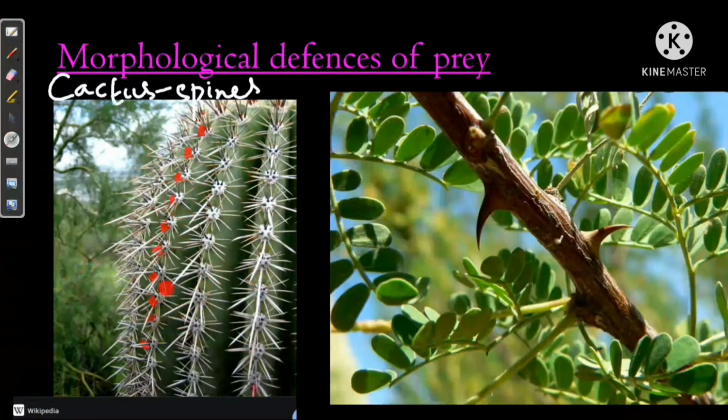So this cactus is getting protected. Similarly, this is acacia. These are thorns of the acacia plant. These thorns will protect the plant from getting eaten up by grazers.